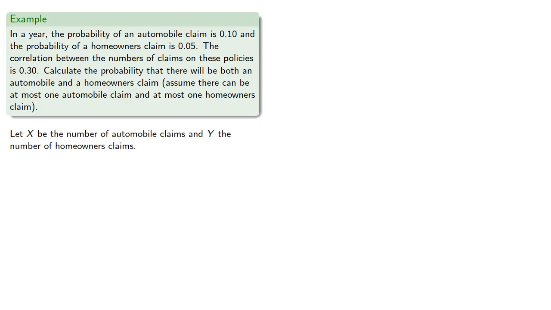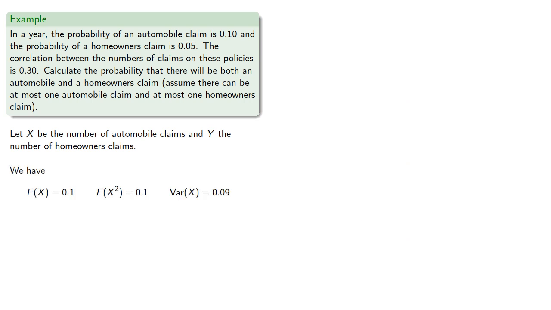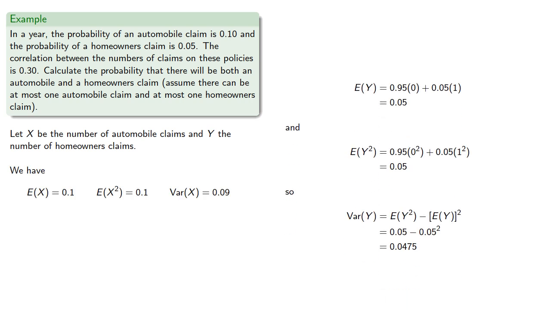Let x be the number of automobile claims and y the number of homeowners' claims. We can find the expected value of x, x squared, and the variance. And the expected value of y, y squared, and the variance.